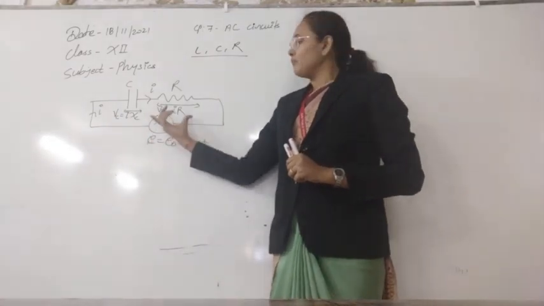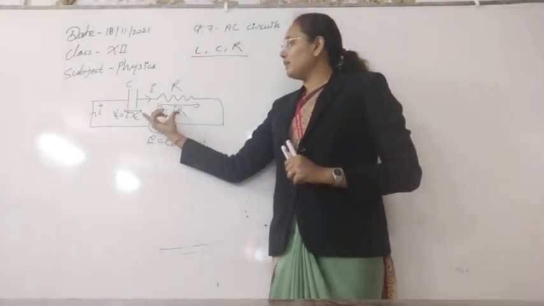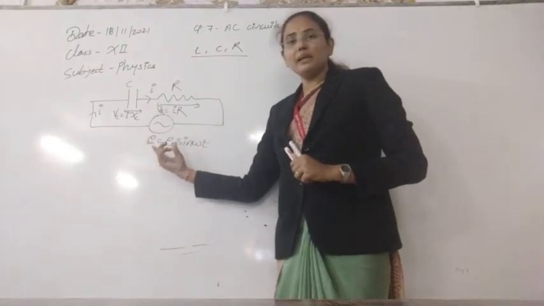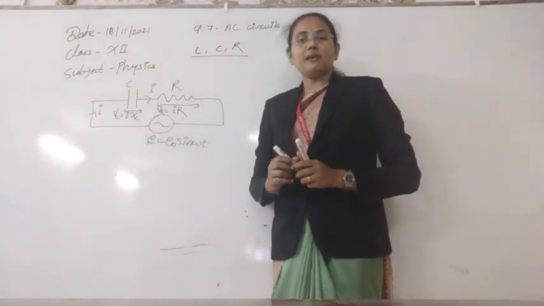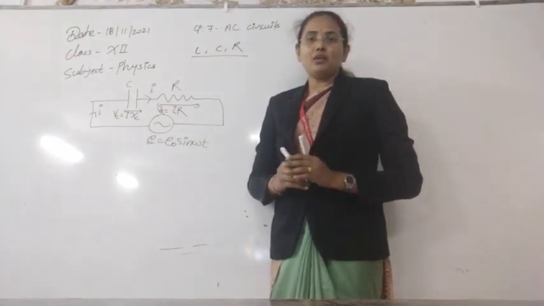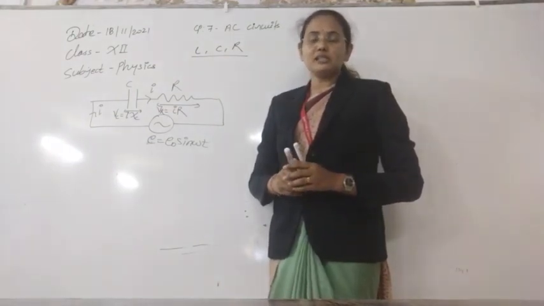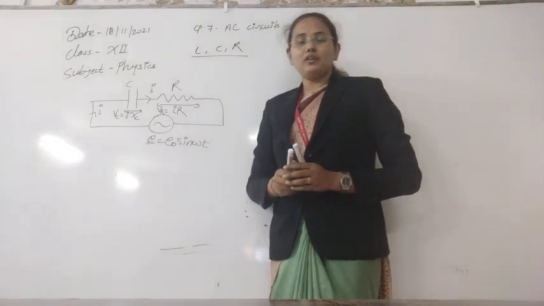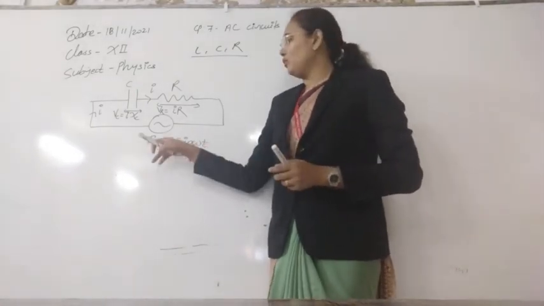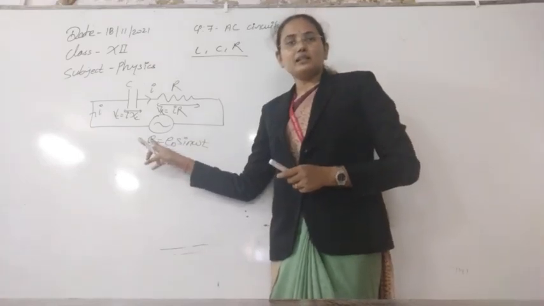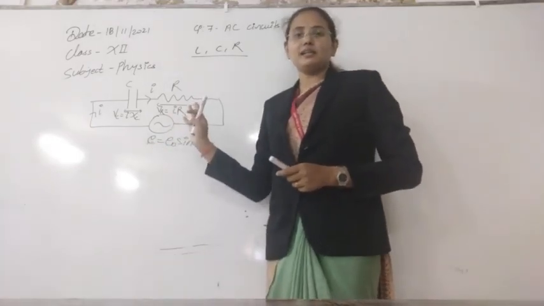But we cannot simply take the sum of Vc plus VR, that will not be equal to E, because here voltage and current behave like vector quantities. So we first have to see what will be the resultant of VR and Vc. After that, that resultant will be equal to this applied signal that is utilized in this combined resistive capacitive circuit.